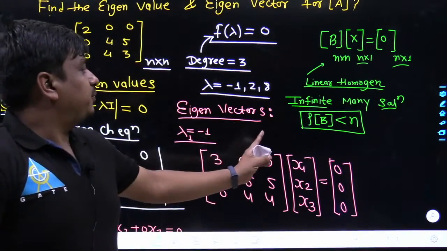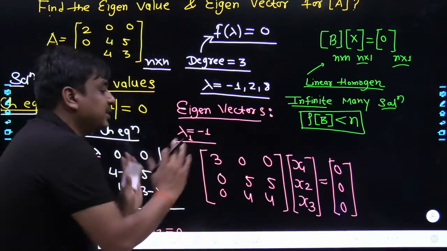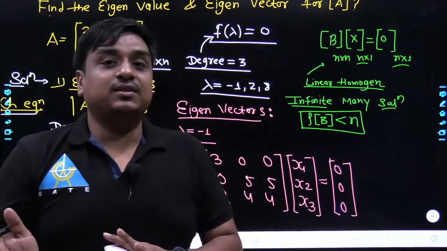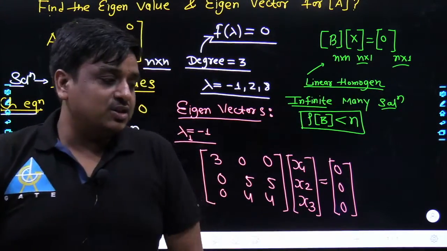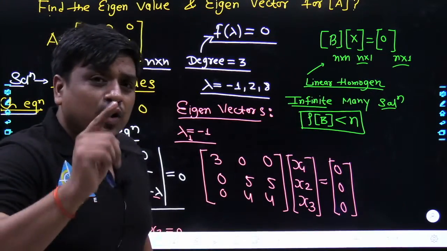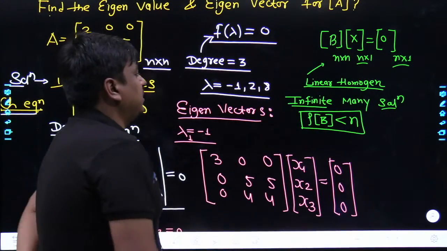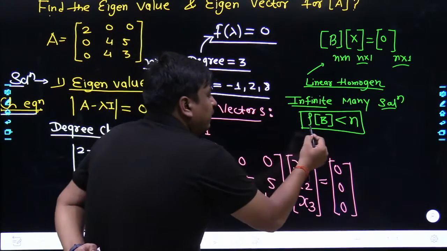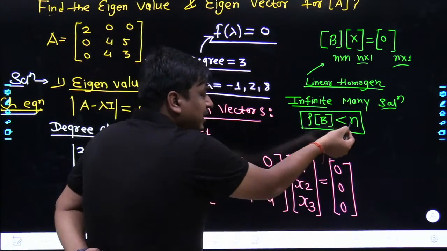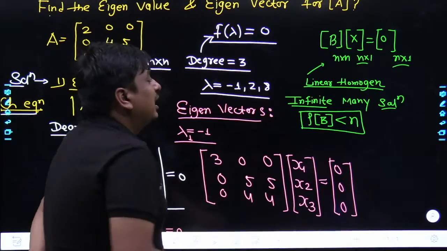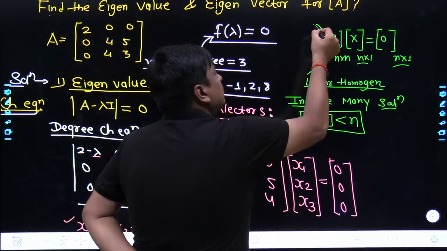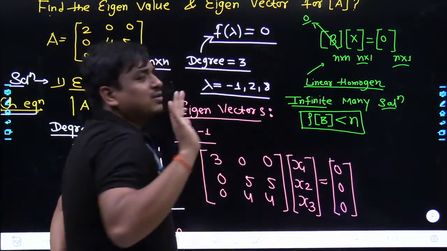So again, what I am saying is that I am connecting the concept of eigenvector with the linear homogeneous equation. Now one of the great things: see, if the rank of B is lesser than n, what will happen? The determinant of B would be 0. Just try to understand what I am saying.